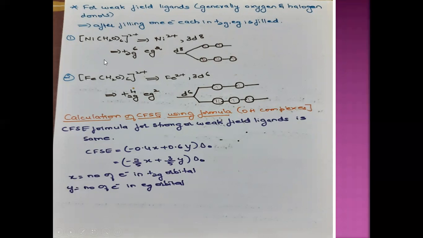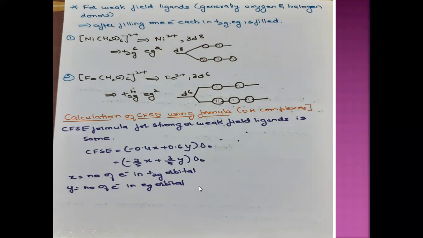So see, if you compare this, Fe(H2O)6 2 plus, what is it? It is T2G4, Eg2. So what will be your formula? Minus 0.4, T2G it is 4, into 4. Sorry, plus 0.6y. What is y? The number of electrons in Eg. It is 2. So it will become minus 0.4 into 4 plus 0.6 into 2. Whatever answer you get, that is nothing but the crystal field stabilization energy for that particular complex.